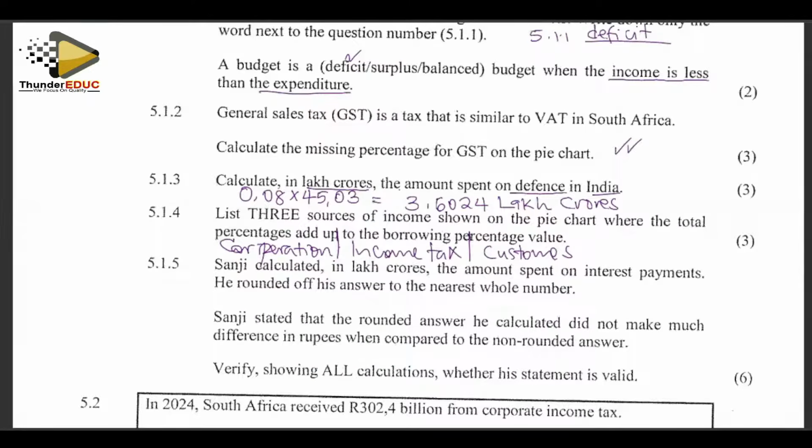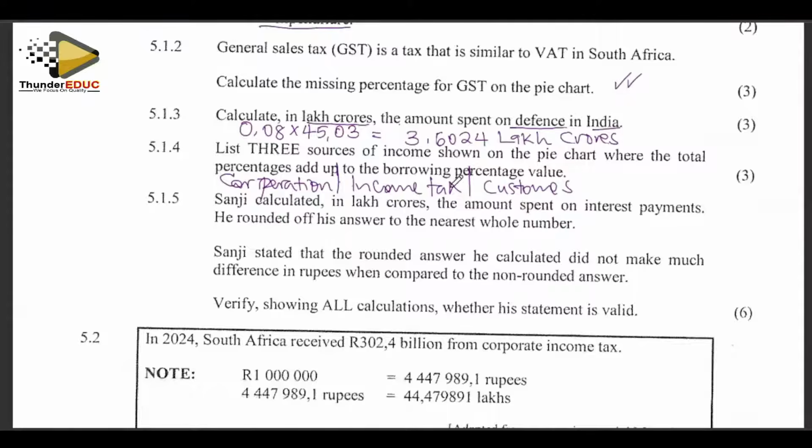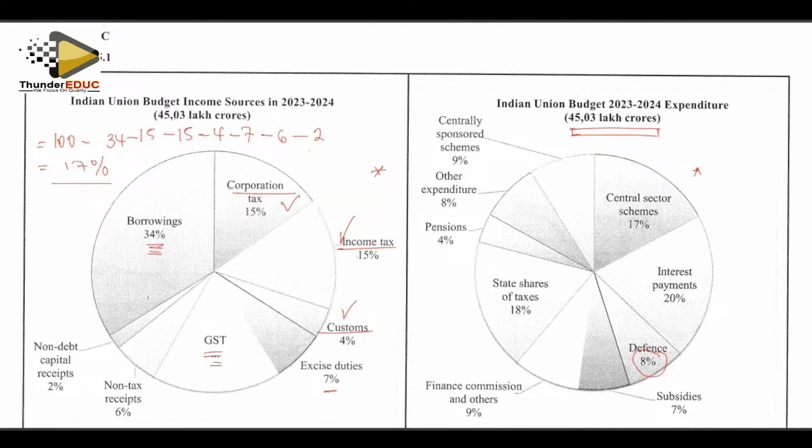Suchi calculated in lakh crores the amount spent on interest payment. He rounded off his answer to the nearest whole number. I said that the rounded answer actually did not make much difference in rupees when compared to the non-rounded answer in rupees. So first and foremost, we are going to look at the amount spent on interest payment. Interest payment is 20%.